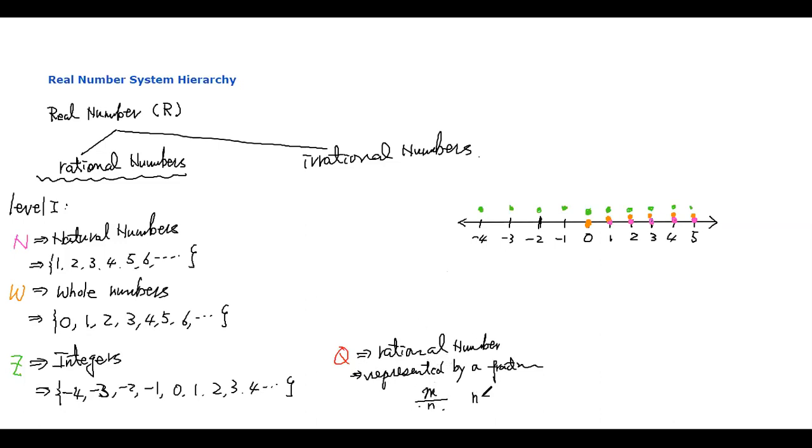Of course, n cannot be equal to 0, or the fraction is not defined. So for rational numbers, after maybe another few hundred years, people start to know, oh, between those whole numbers there are some numbers in between. So everything you can represent by fractions, we call a rational number.